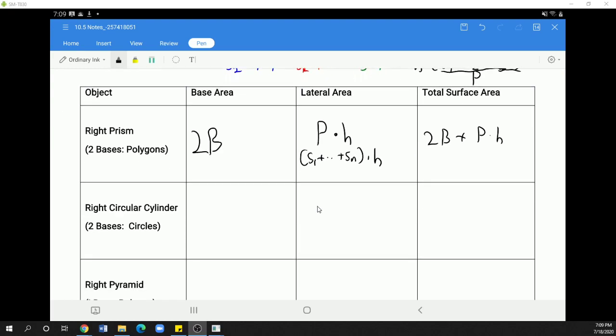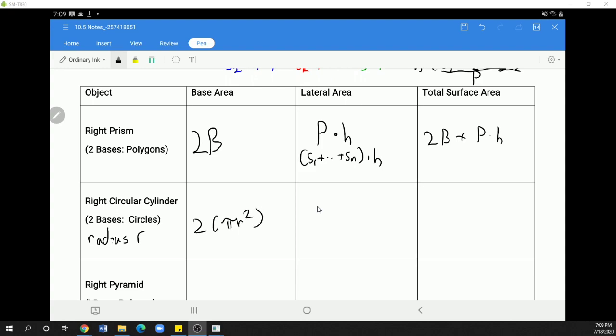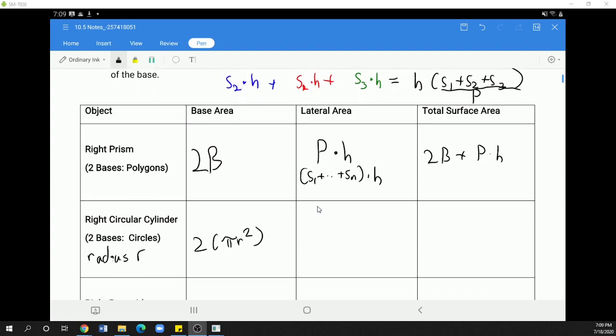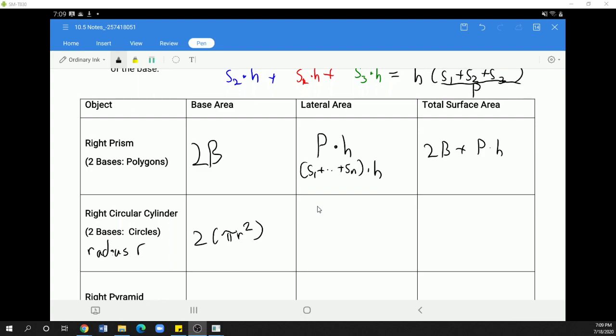Cylinders are very, very similar, but now we know the area of the base, say radius r. Because the base is always a circle, it always has area pi r squared, so two bases would be 2 pi r squared. The lateral area is the circumference times the height, kind of like it was here. So C times h, but we know what the circumference of a circle is in terms of its radius.